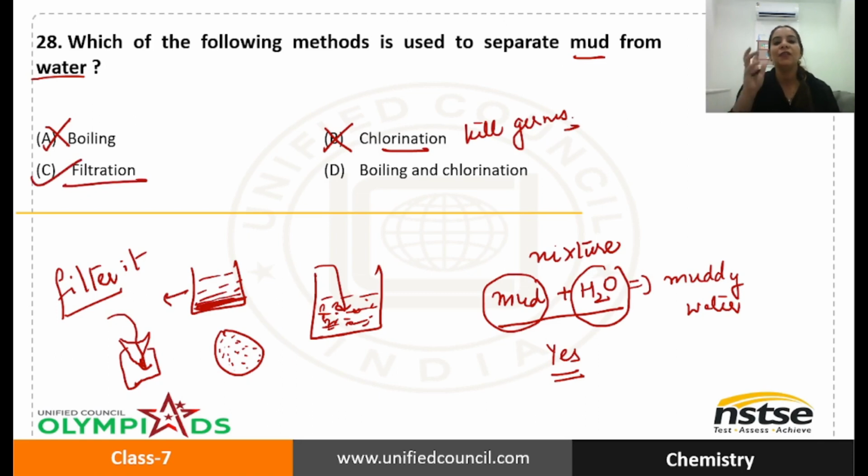Filtration is a technique where we are using filter paper. Filter paper has small pores. So all those substances which are bigger in size, like mud, cannot pass through filter paper and will stick to it. And the other component, that is water, flows down, and in that way they can be separated. Boiling and chlorination, again, no. So which option is correct?